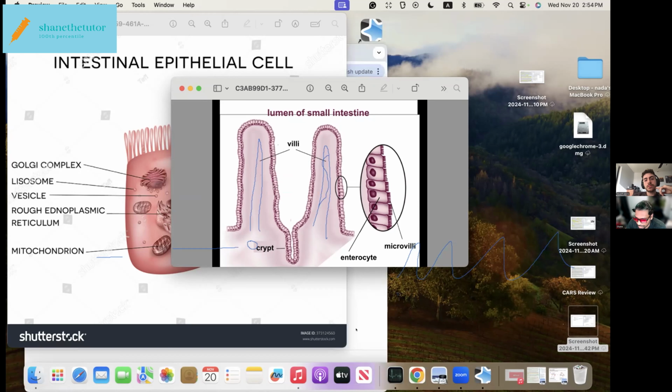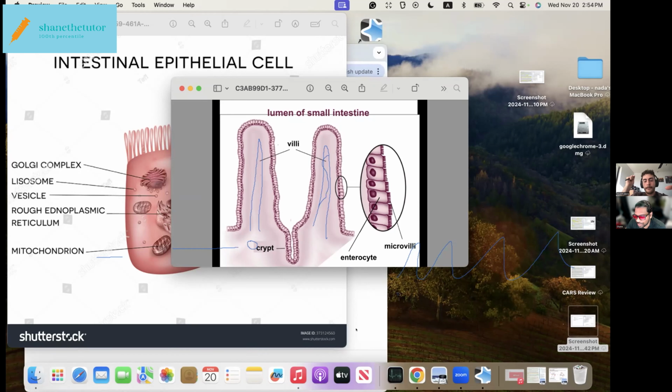Here, I'll get a better picture, but you're gonna have a thing called a lacteal, which is part of the lymphatic system, and that's because the fats don't get absorbed readily into the blood.